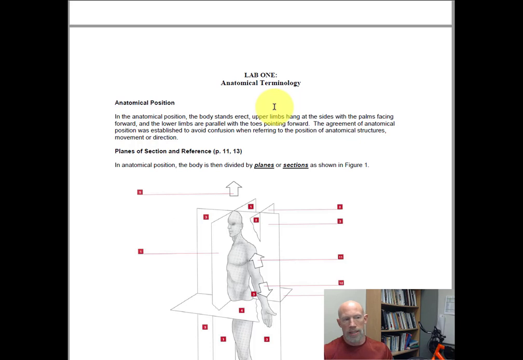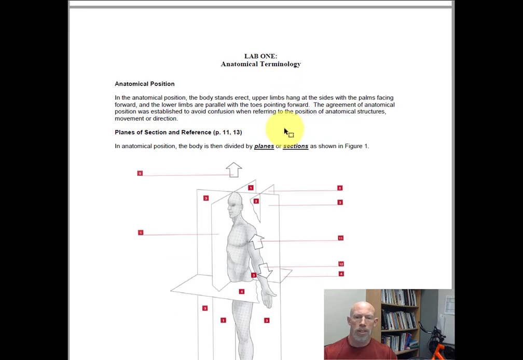A lot of the discussion of markings of bones uses this terminology, as well as the location of muscles, how they move, all that kind of stuff comes back to this terminology. If you already have this knowledge in your head, it will make learning the rest of the stuff so much easier.